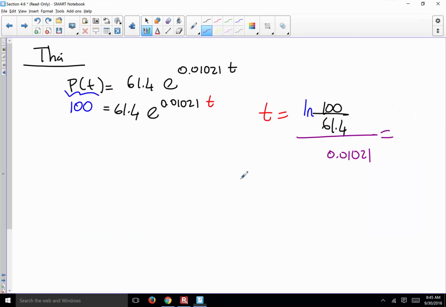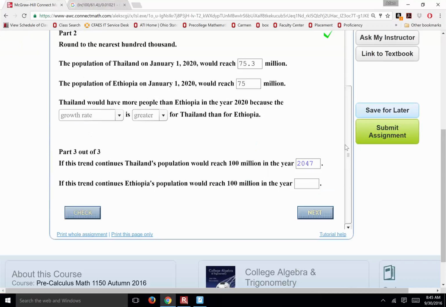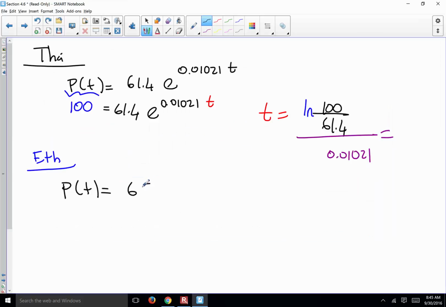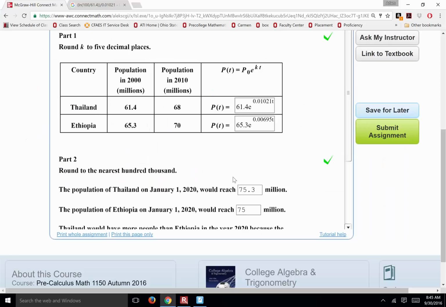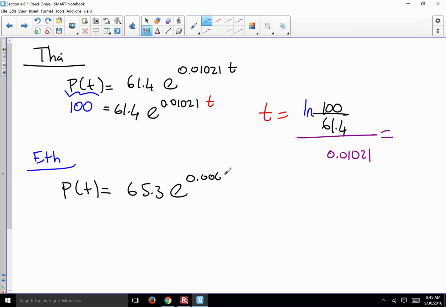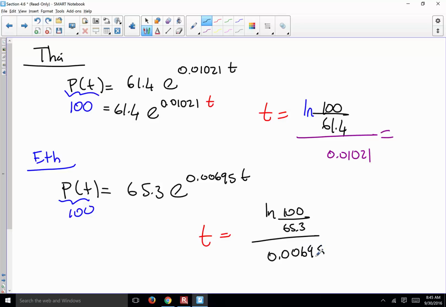Okay, how about this one? Ethiopia. Take its formula. P(t) is 65.3 e to the 0.0695t, right? I just need to set this 100 on this side. t will be the same work, ln of 100 divided by 65.3. The rate is a little less.